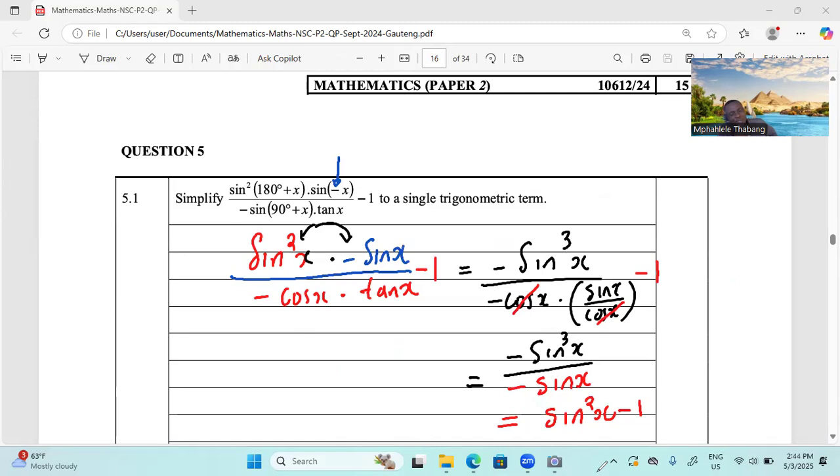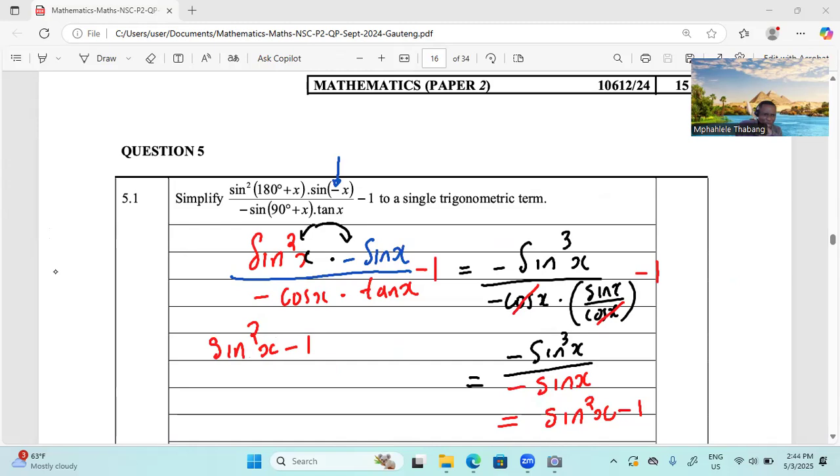Can I do something different? Let me see. No, I'm just keeping it this way. No, I need to be very careful. Sine squared x -1, because some ideas comes here. My question is, do I stop here or do I continue? Okay, I know something like this one.